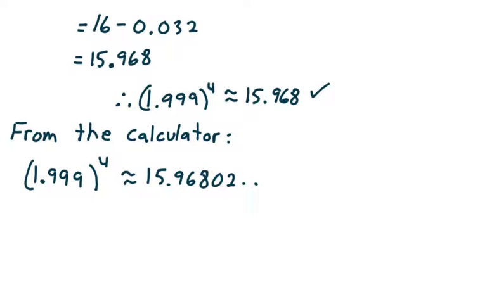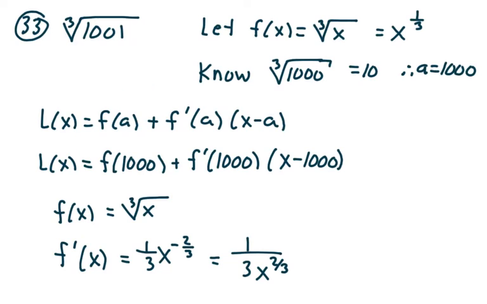And from the calculator, we get that 1.999 to the fourth is approximately 15.96802, etc. And so you can see that this technique gave us a pretty good approximation, and it was accurate to 3 decimal places. And that was problem 31.